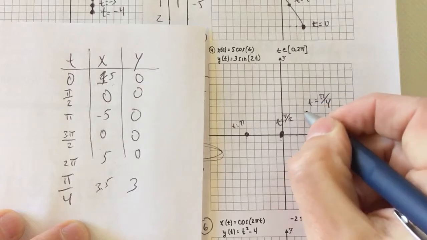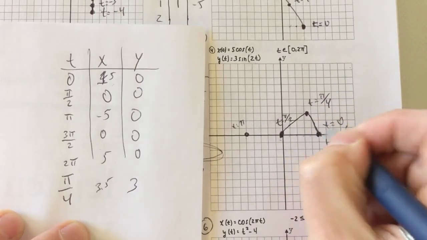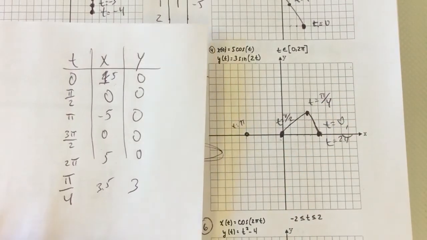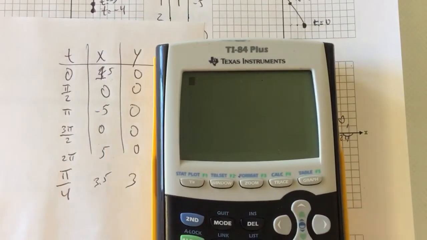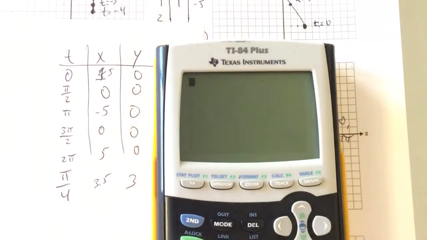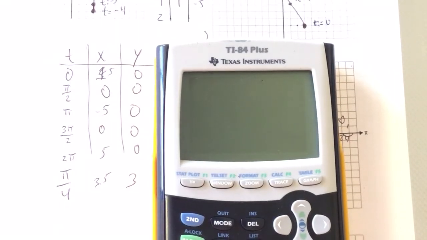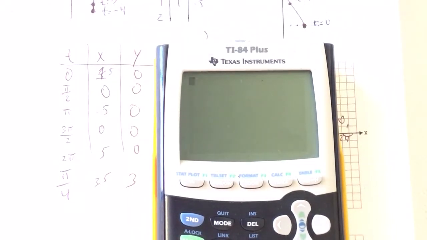Now this is rather difficult to see. Why did you connect those two? How does that work? I'm going to go into the calculator. Yes. Also, every time it changes direction, you have to do an arrow.